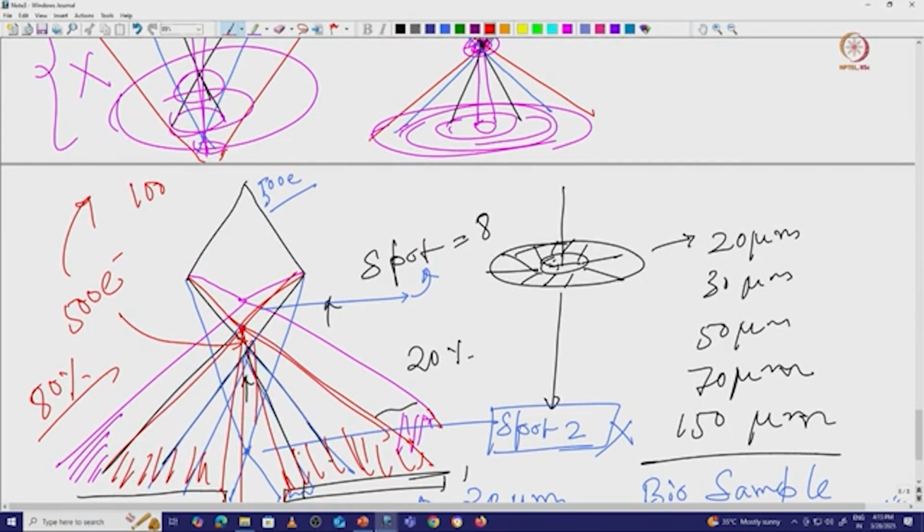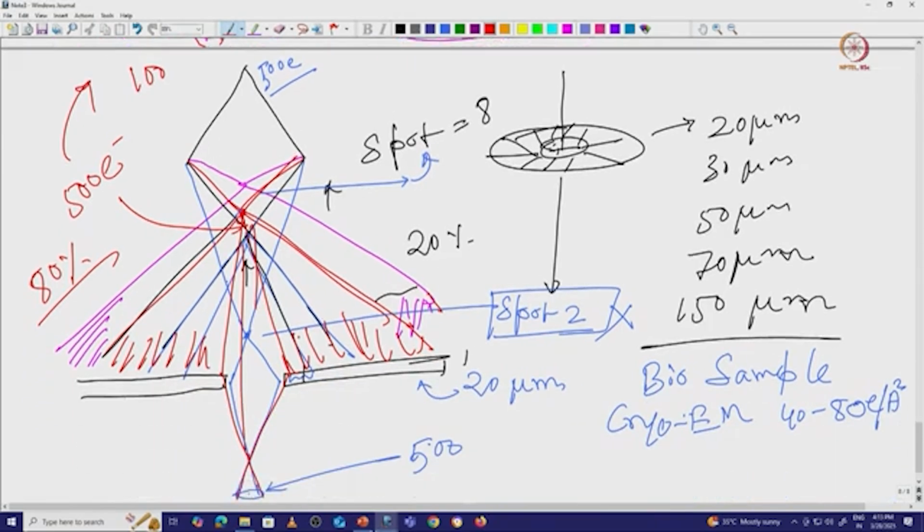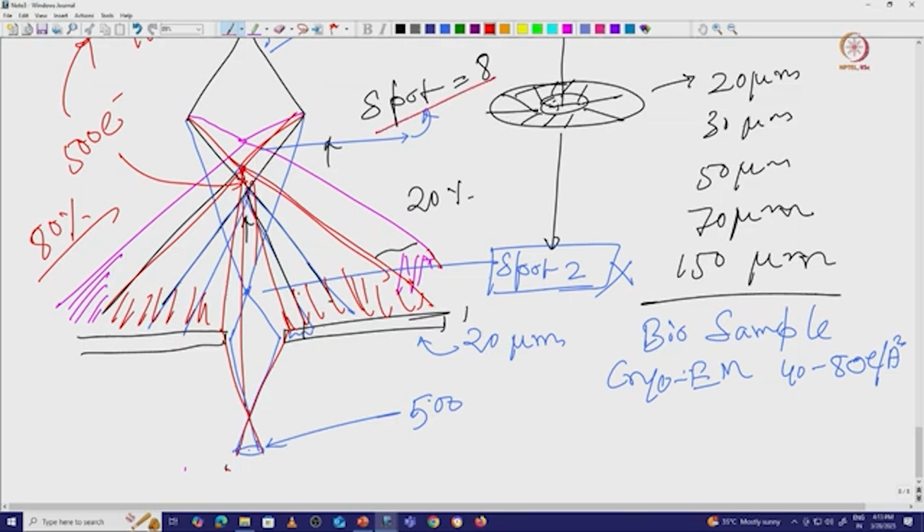In this particular condition, you can see that if you are using a higher spot size 8, and a smaller aperture, and you maintain the C2 lens current, you can remove almost 80% of the electron dose and keep only 20% of electrons, meaning only 100 electrons you are allowing, and then you can control the beam diameter also.